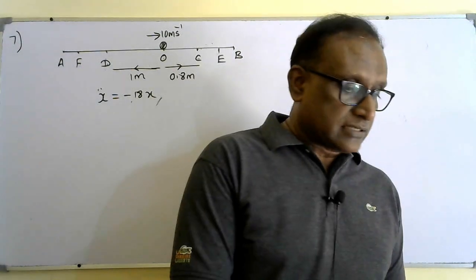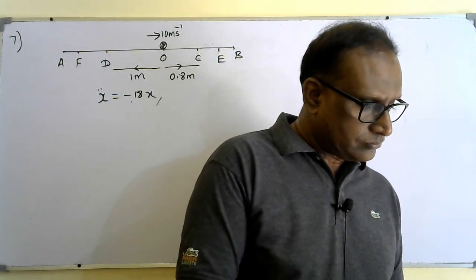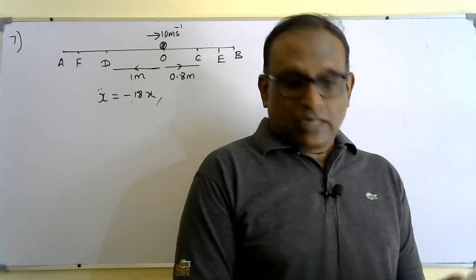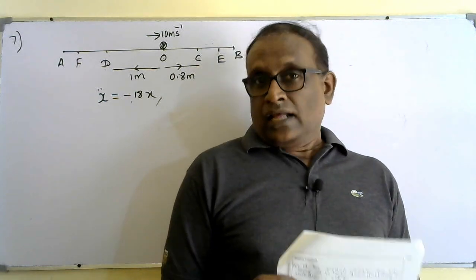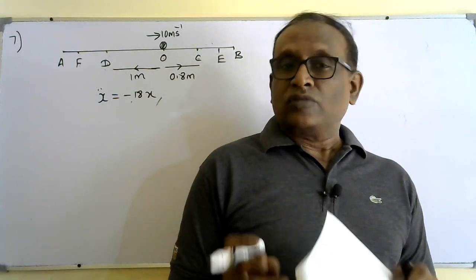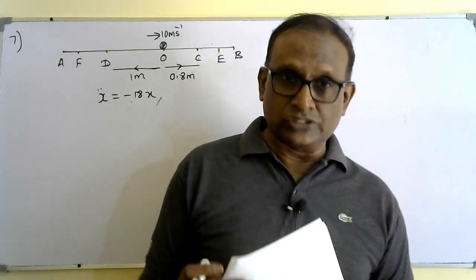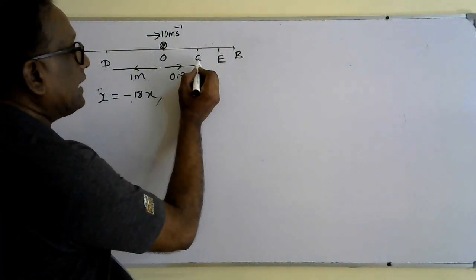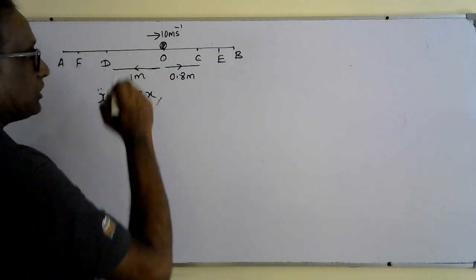I told that when I was explaining the first question: during simple harmonic motion, when the particle moves between two points, the time taken to travel from one point to the next does not depend on the direction of motion. The time taken to travel from O to C is the same as C to O. Time taken to travel from O to D is the same as D to O.